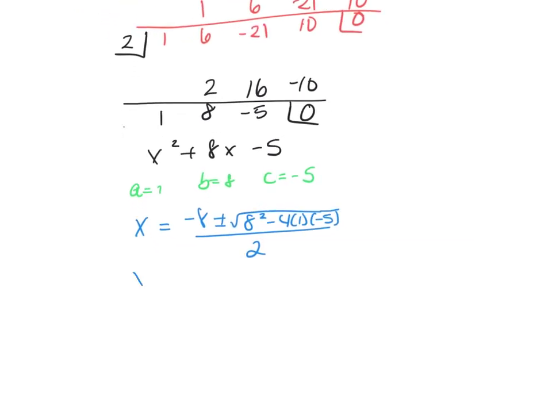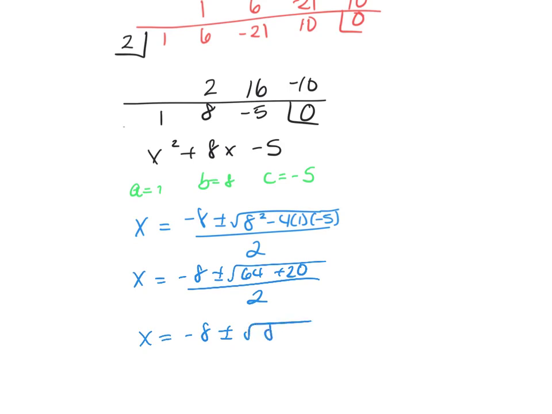So I end up with x is equal to negative 8 plus or minus the square root of 64 plus 20 all over 2. X is equal to negative 8 plus or minus the square root of 84 divided by 2.